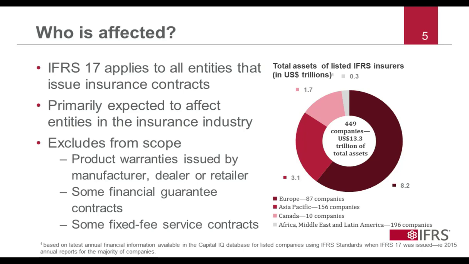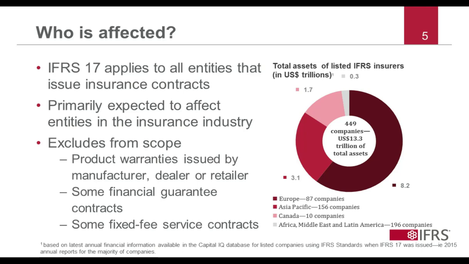That said, obviously the biggest issuers of insurance contracts are the insurance industry themselves. And so that's where we would expect the biggest impact of the standard to be. The industry fills a central role in the global economy. Insurers obviously enable the transfer of risks, but are also significant long-term investors.